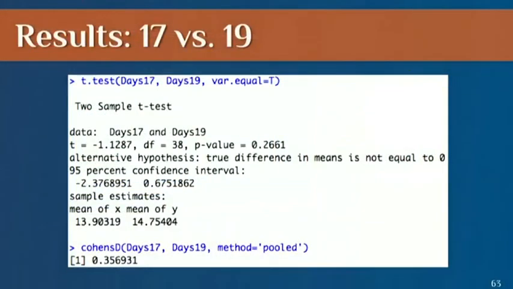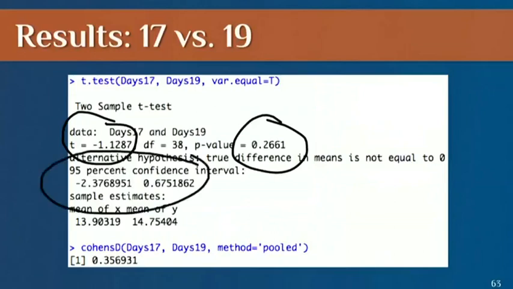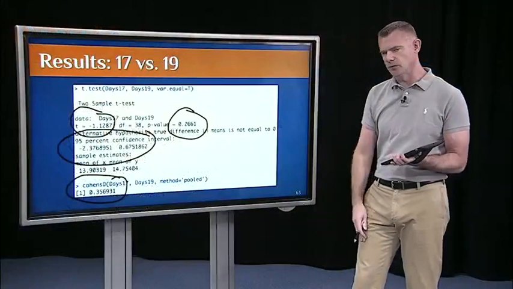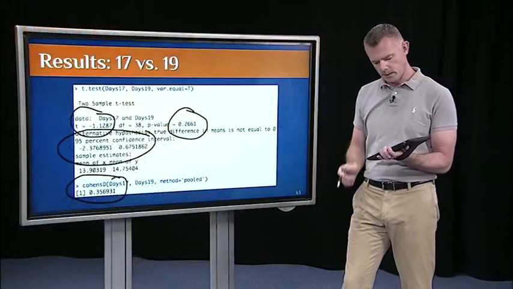And here it turns out there's not a significant difference. So the t-value is 1.1, p of 0.26. So not a significant difference. Again, the interval estimate includes 0. That's evidence that it's not going to be significant. And Cohen's d, instead of being around 1, is back down to about 0.3.